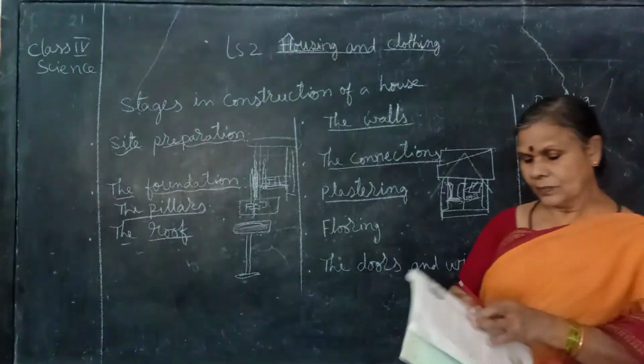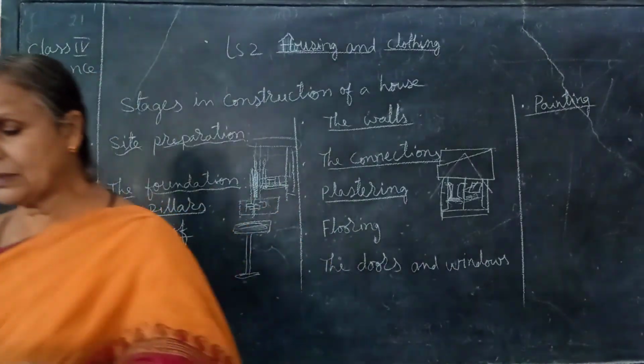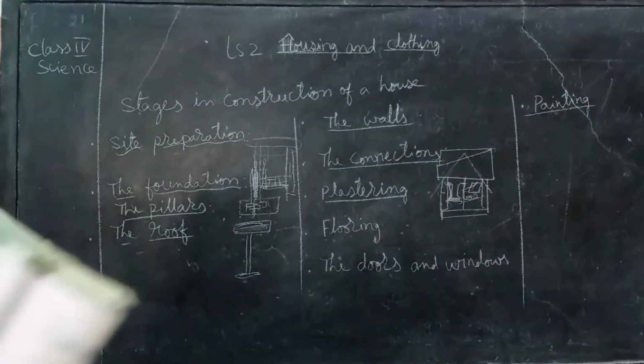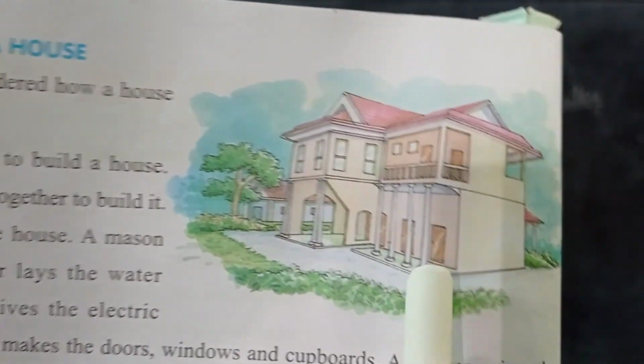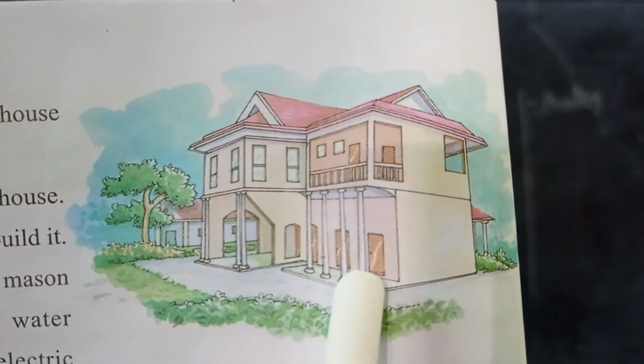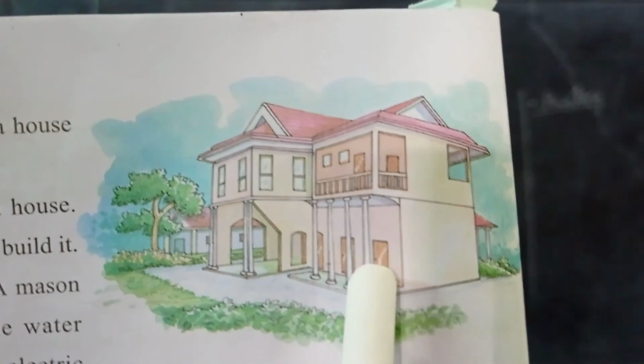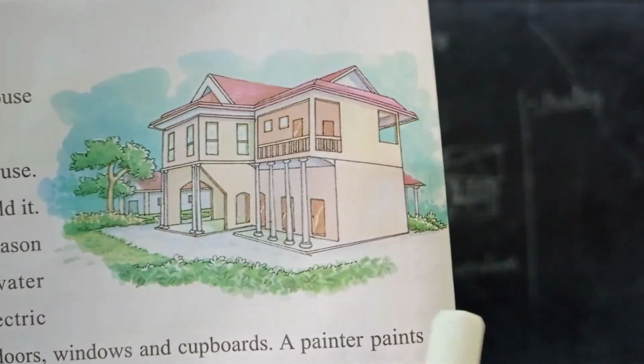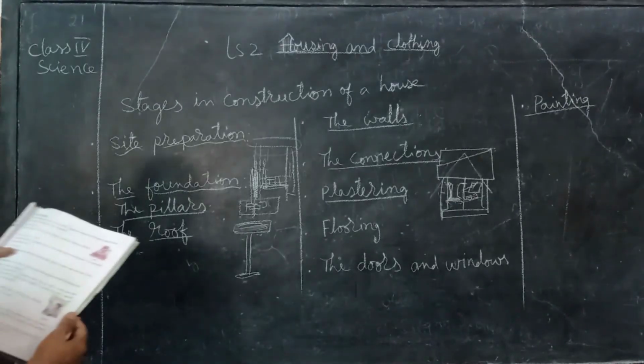You can see the doors and windows here. How nicely this house is constructed. Metallic or wooden, any type of doors are fitted, and then they construct the walls around it.